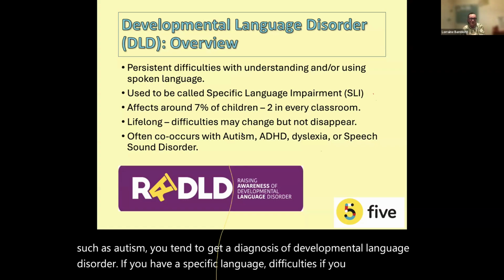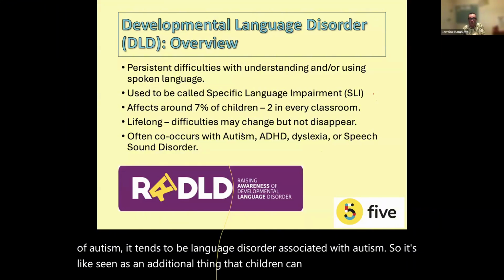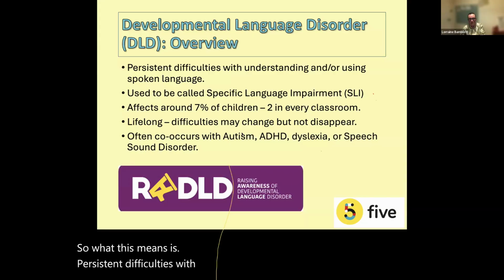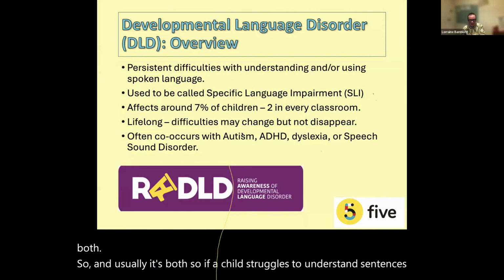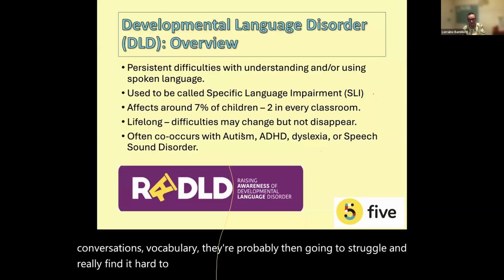If you have a diagnosis of autism, it tends to be language disorder associated with autism, so it's seen as an additional thing that children can have on top of autism. What this means is persistent difficulties with understanding or using spoken language, or both, and usually it's both. If a child struggles to understand sentences, conversations, vocabulary, they're probably going to find it really hard to use vocabulary and put sentences together, which makes sense, doesn't it?